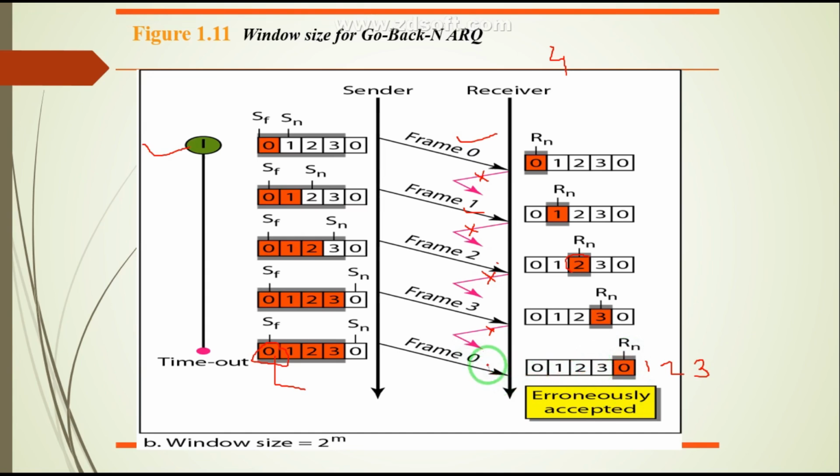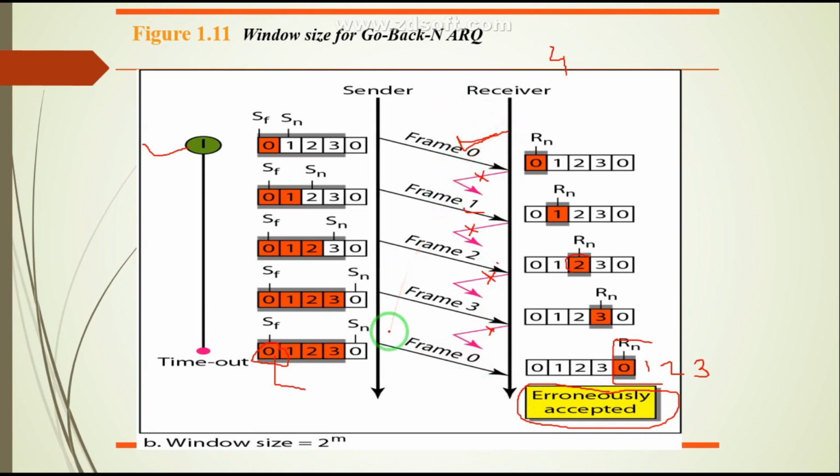So it accepts frame 0 not as a duplicate but as the first frame in the next cycle. This is the next cycle, and this is the previous cycle, right? Unfortunately, guys, the receiver accepts this frame 0 thinking that it is frame 0 of the next cycle, but it is the duplicate frame that the receiver already has.